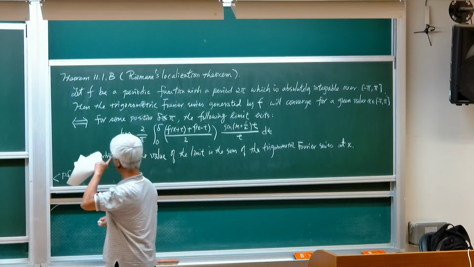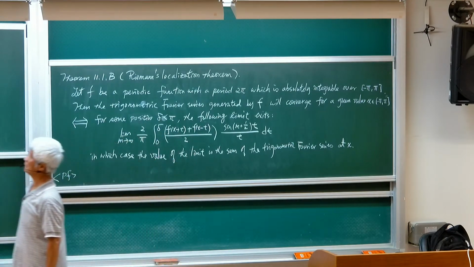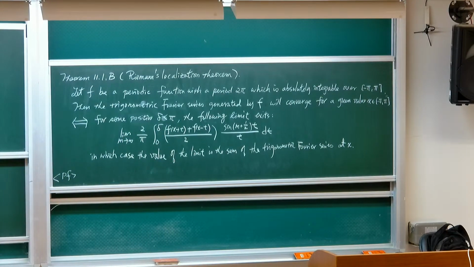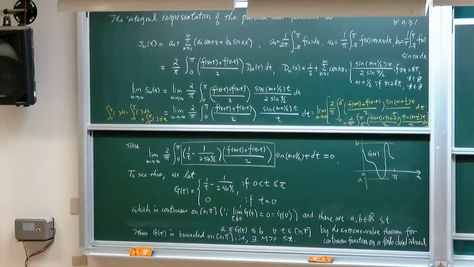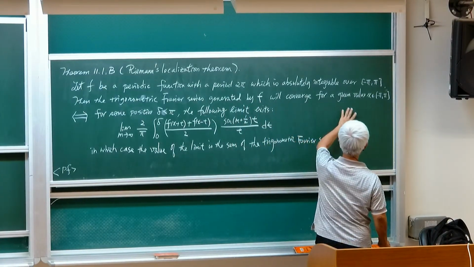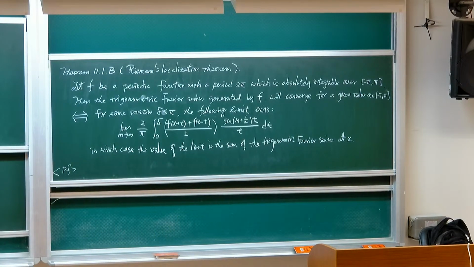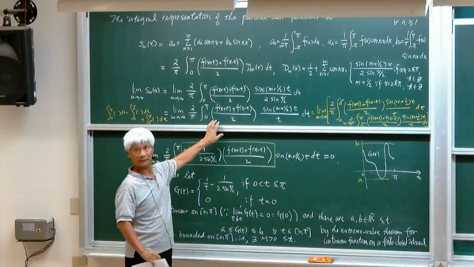All right. So, okay. The first statement, the trigonometric Fourier series converge for a given value, which means that this limit exists, right?